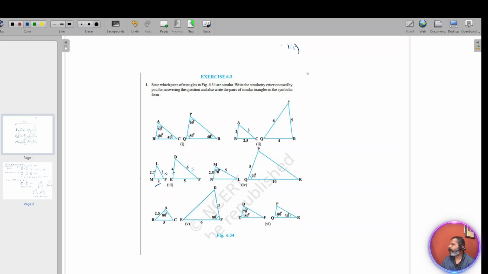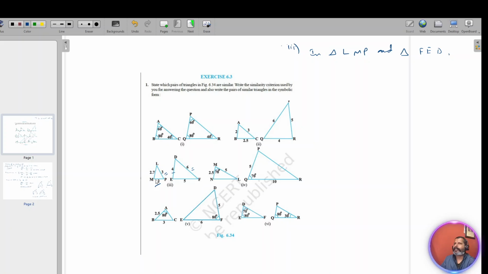Okay, so write that. In triangle LMP and triangle FED. LMP, FED. Why did I write like that? Because they are proper corresponding letters. Why?